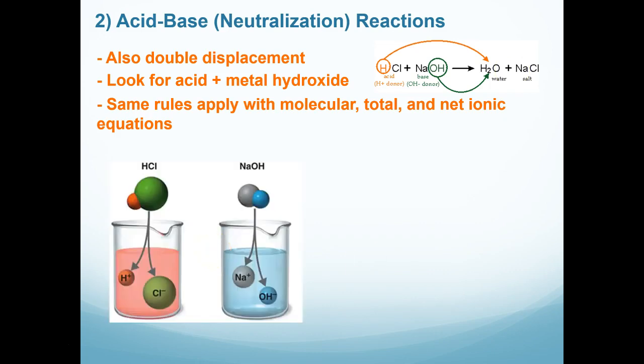Some things that we want to remember, and why we're writing these total and net ionic equations, is because when we put strong acids like hydrochloric or strong bases like sodium hydroxide into water, they completely dissociate. So they break apart into ions, and this hydrogen that we get, this H+, is what makes it acidic.